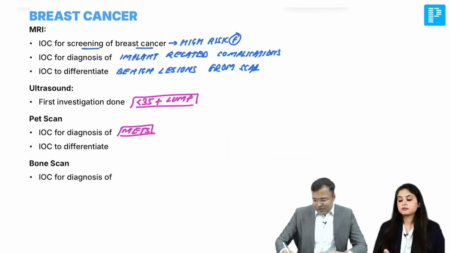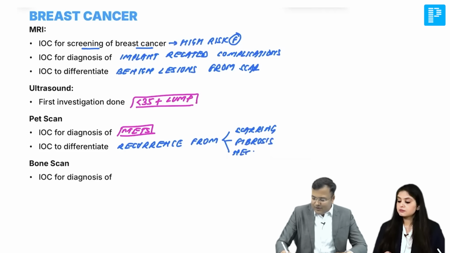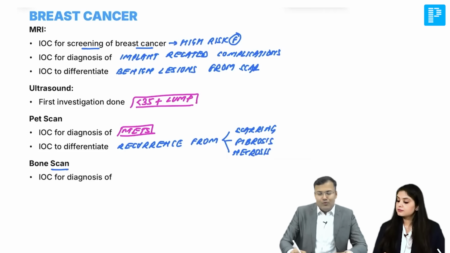So obviously to differentiate recurrence from scarring, fibrosis, necrosis, we go for PET scan. And if there is bone metastasis, we go for bone scan, so bone scan if there is metastasis to bone.